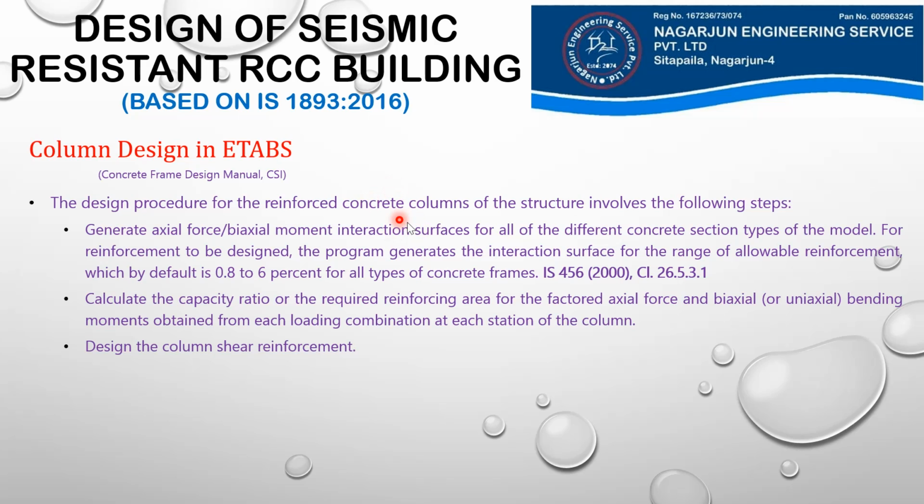We get 3D interaction surfaces generated for all the allowable values of reinforcement, which is 0.8 to 6% for all types of concrete columns. Using that interaction curve, the software calculates the capacity ratio or the required reinforcing area for the factored axial force and biaxial or uniaxial bending moments obtained from each loading combination at each station of the column.